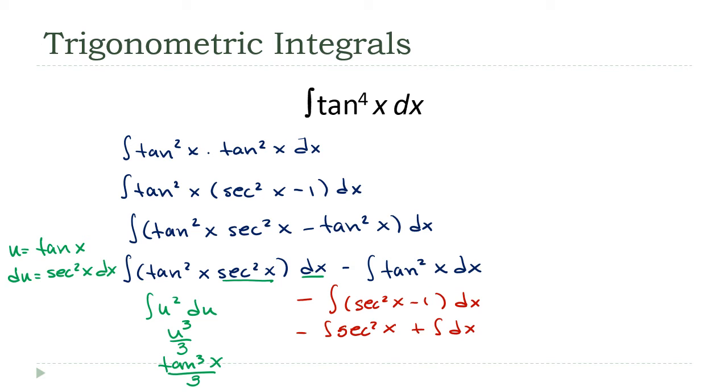And I know these. The integral of the secant squared is the tangent. So this is minus tangent of x plus the integral of dx, which is just x, plus that long-awaited constant. So there's our integral.